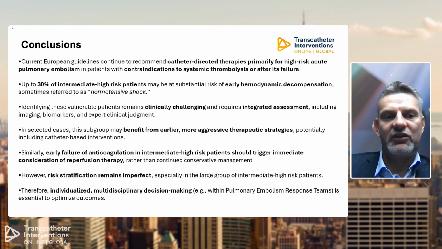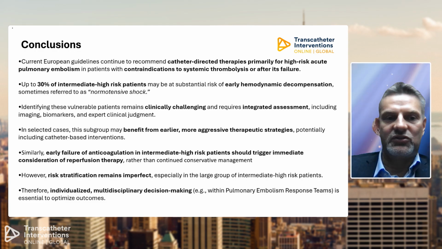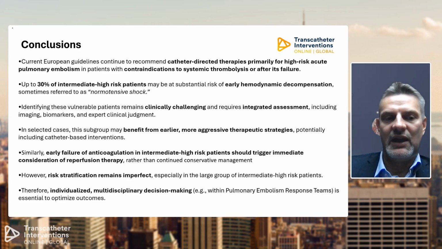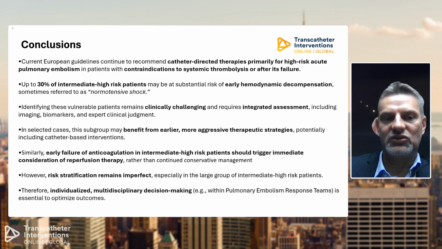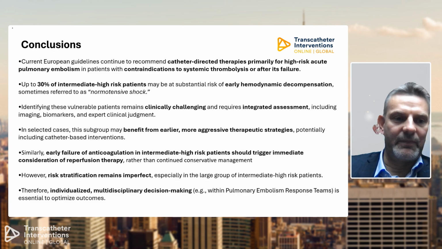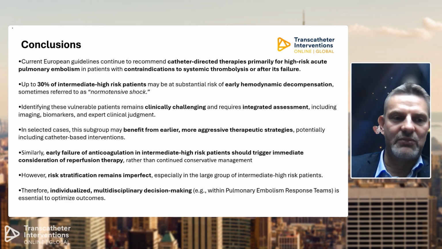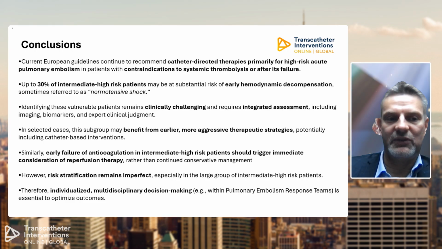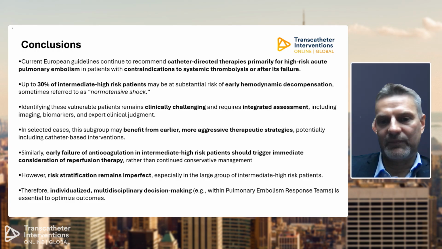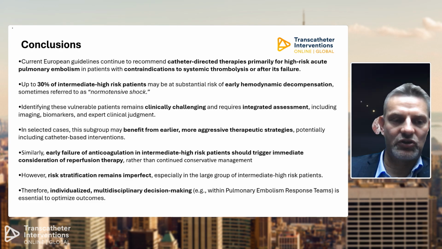So the current European guidelines continue to recommend catheter-directed therapies primarily for high-risk acute pulmonary embolism in patients with contraindication to systemic thrombolysis or after its failure. But we should remember that 30% of intermediate-high risk patients may be at substantial risk of early hemodynamic decompensation, called normotensive shock.